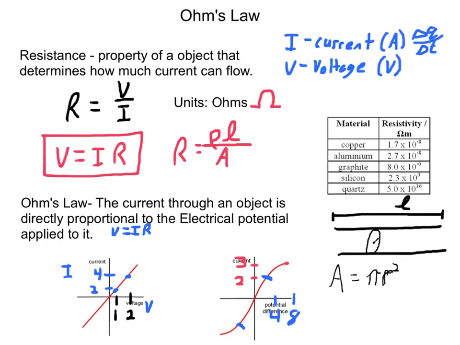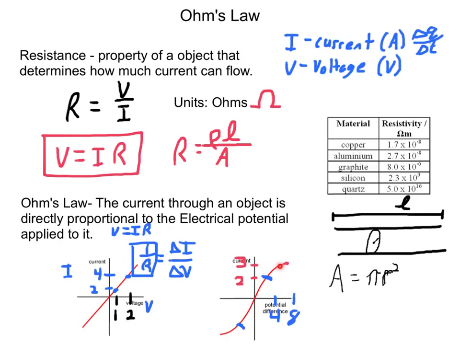Whenever I solve that through, I'm going to see that 1 over R is going to be my rise, delta I, over my run, delta V. So I'm expecting the slope of this line in anything that is ohmic, that has current on the y and voltage on the x, to be 1 over the resistance of that item. And that slope remains constant. Notice it's a line there, it does not change, so the resistance must remain constant.